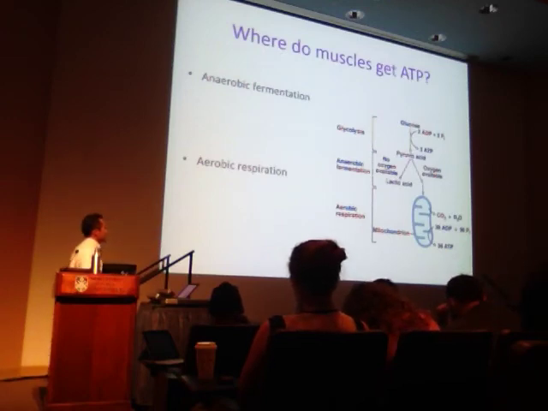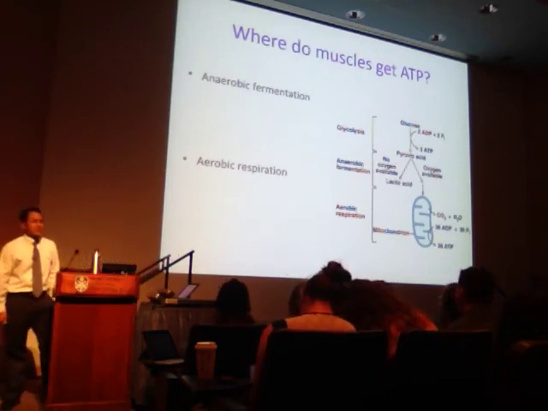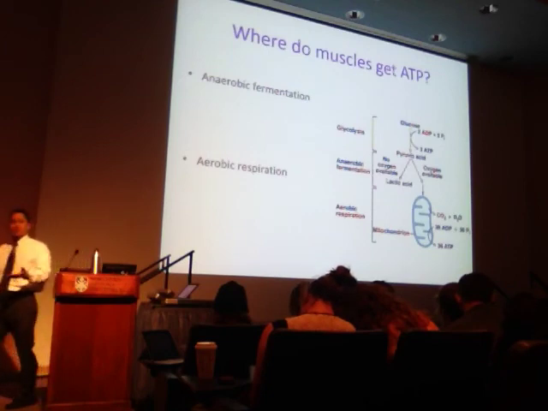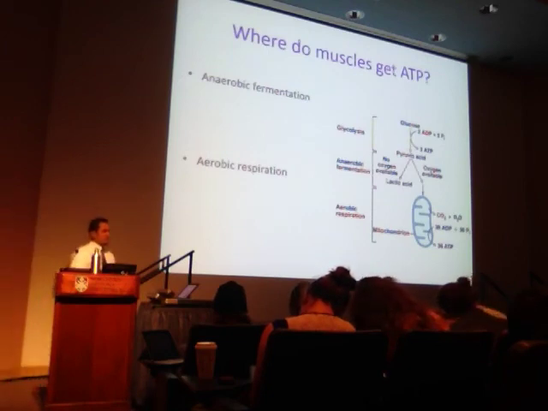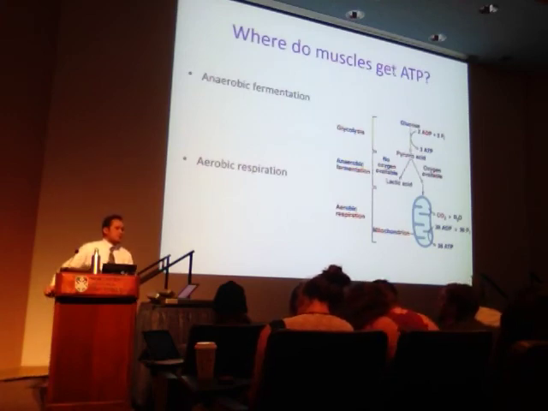So aerobic respiration is going to be slower. It's going to require oxygen. It's going to need to go through glycolysis first, but then shuttle into the Krebs cycle, and then into the electron transport chain. So the benefit is that you generate much more ATP in the presence of oxygen.